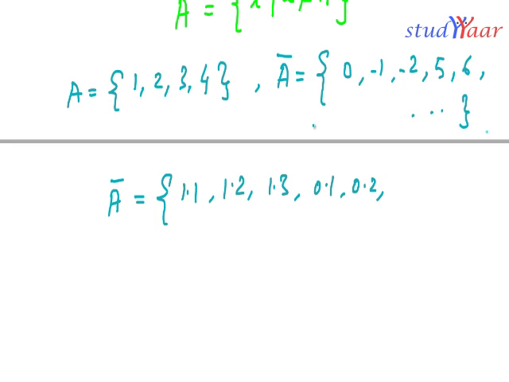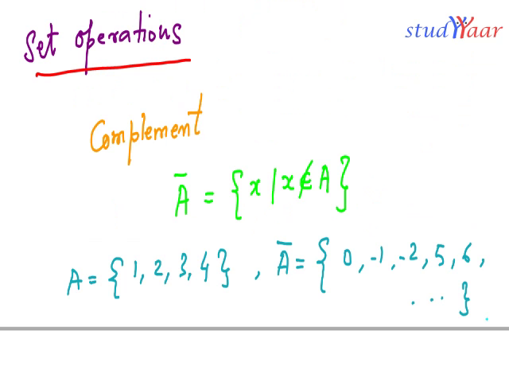It can have all the real values except for 1, 2, 3 and 4. So your complement is basically dependent on the universal set.